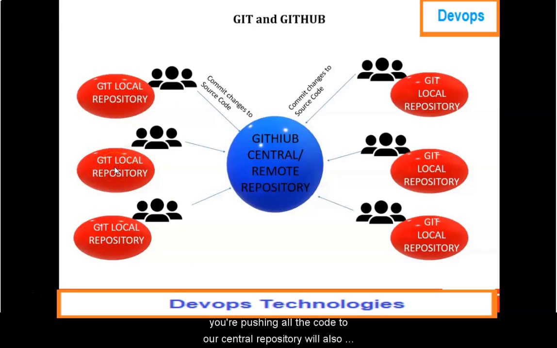Since you are pushing all the code to the central repository, it will also have the same .git folder inside it. And the sole purpose of having a central repository is that all the collaborators or all the developers can actually share and exchange data.